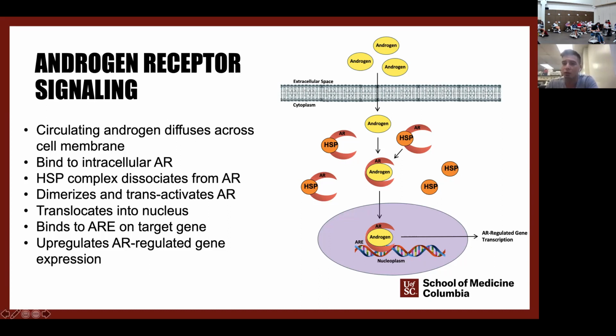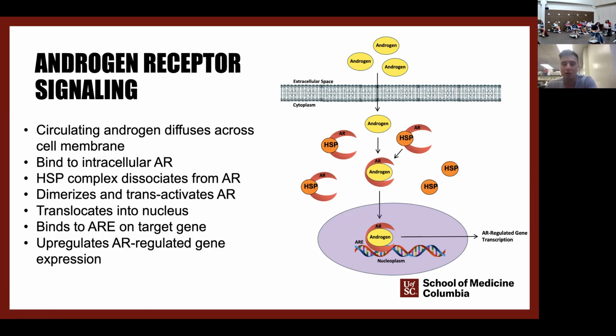So currently that androgen receptor is in an inactive conformation, bound by a bunch of proteins called heat shock proteins. Once the androgen infiltrates that intracellular space and interacts with the androgen receptor, we're going to get some dissociation of those heat shock proteins, as you can see here, and then form an active androgen receptor complex, which becomes an active DNA binding complex.